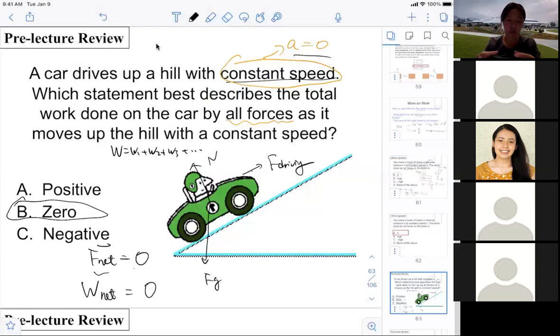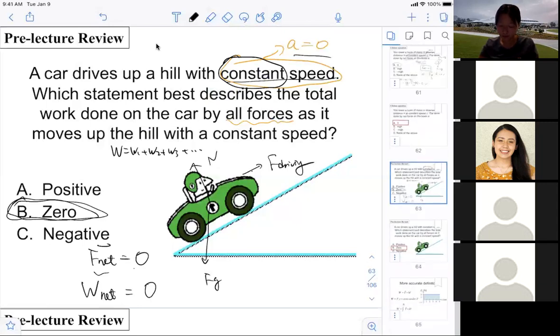If you have negative work done, energy is taken away from your system, and you have to slow down. So either positive or negative work would have changed your energy and your speed. If it is a constant speed, then there should not be any total net work done on the object. It should be 0. Otherwise, the speed would have been changing.